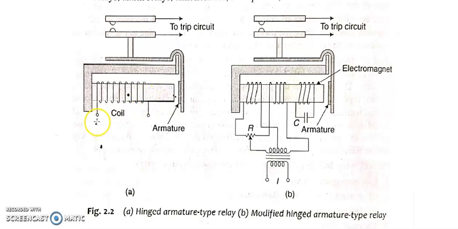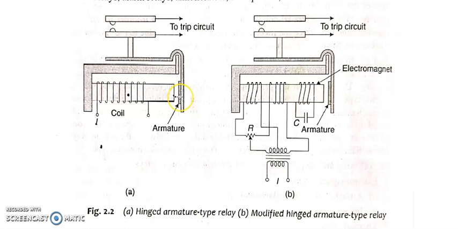Whenever I energize the coil with the current or voltage, what happens? This particular part gets magnetized due to the flux. Then there is a force of attraction between this electromagnet and this armature.